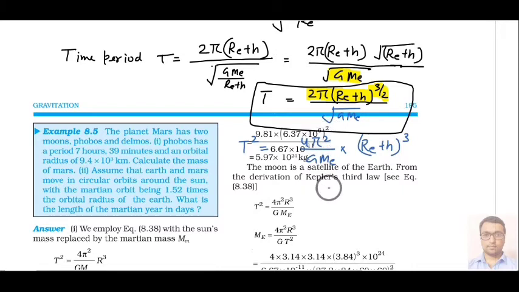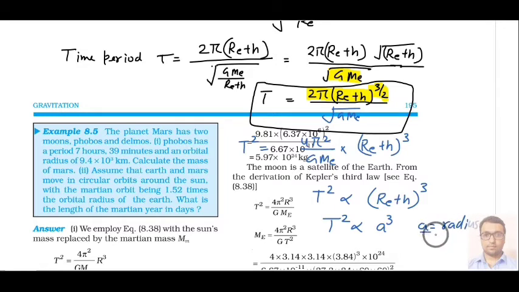From here we can say that 4π square upon GMe is constant, because G is constant, M is the mass of earth, and 4π square is also constant. So we can say that T square is proportional to (Re + h) whole cube, or T square is proportional to a cube, where a is the effective radius, and its value is Re + h.